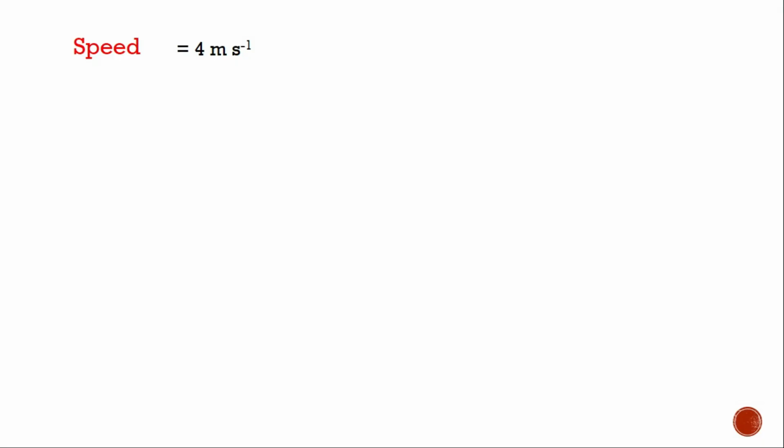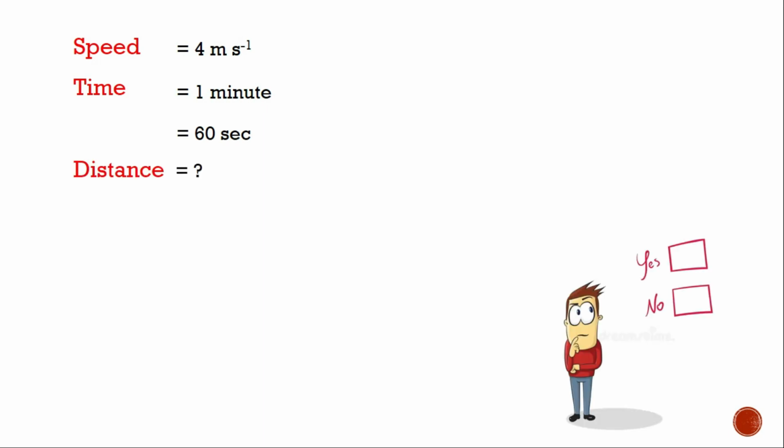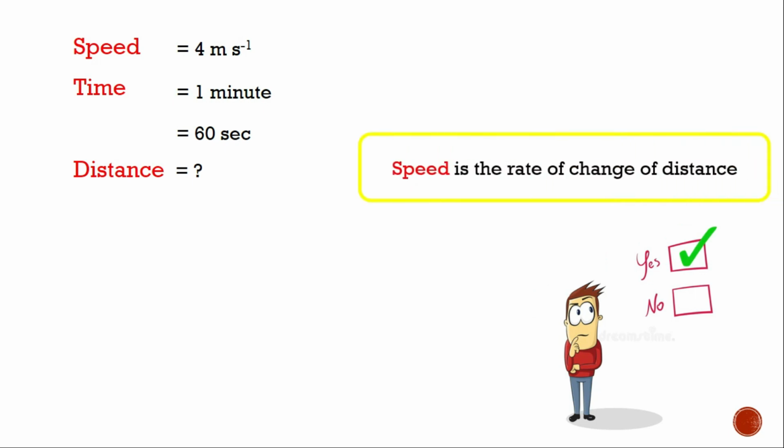Suppose if I move with this speed for 1 minute, which is equal to 60 seconds, can we calculate how far I would travel and how much distance I would cover by that time? Yes, we surely can. Simply by using the definition of speed, which tells us that it is the rate of change of distance, where rate means divided by time, so speed is distance by time.